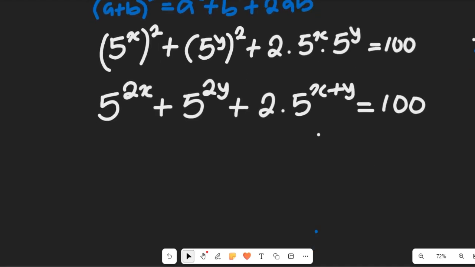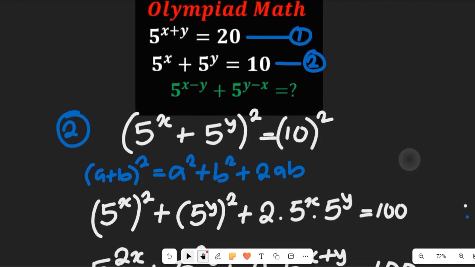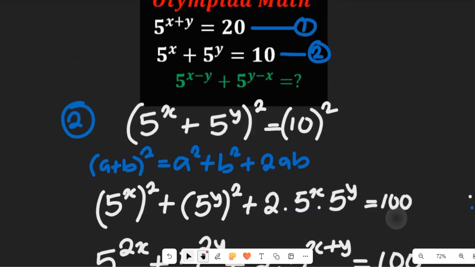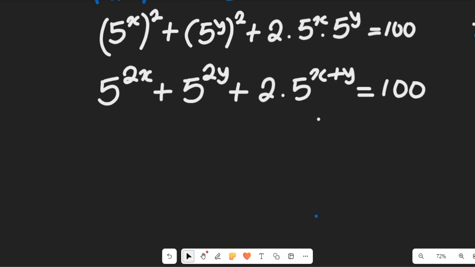Before I reduce further, I want you to look at this expression. In the first expression, equation 1, we are given 5 to the power of x plus y to be equal to 20. Did we see x plus y here? 5 to the power of x plus y? Yes, we did. So that expression can be equal to 20.